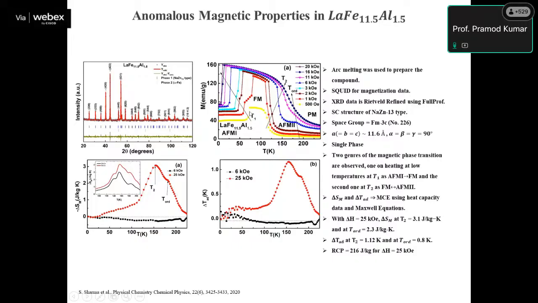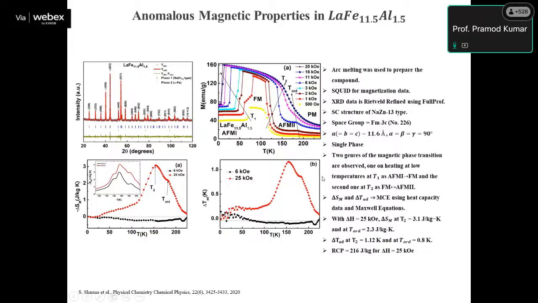Here we have this MT data, or magnetization versus temperature data, at different magnetic fields. Let's see how we are able to understand whether a material is ferromagnetic, antiferromagnetic or ferrimagnetic. We can get the idea using this data also.